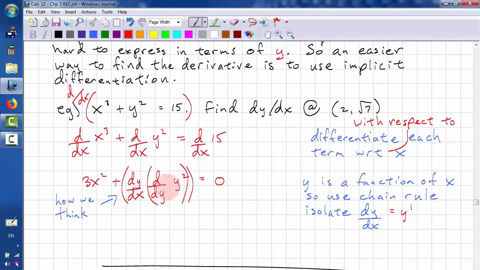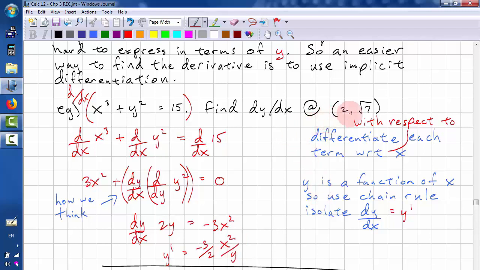So this is easy to take a derivative of. So we're left with dy dx, and that's 2y. We move the 3x squared over to the other side, so this is minus 3x squared. And lastly, we want y prime equals, and we bring this over to the other side, so we have minus 3 over 2 x squared over y.